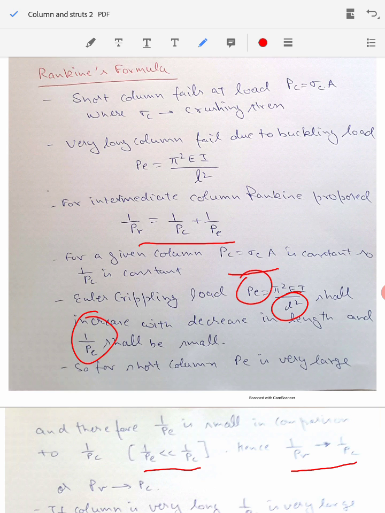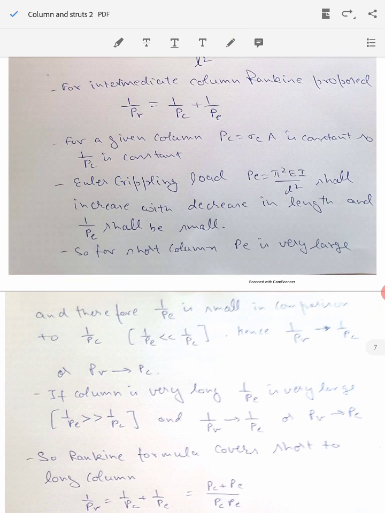So the value of 1 by PR will be roughly 1 by PC, because 1 by PE is much less than 1 by PC. So in that case we can say that PR is tending to PC. So the value of the Rankine load that you calculate from this formula will tend toward the value that you calculate with the crushing load formula.